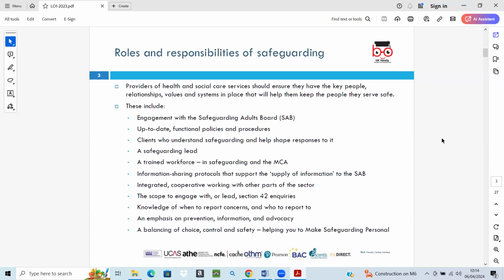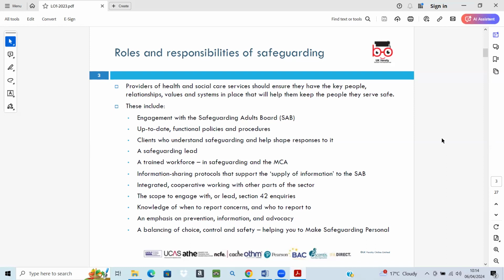Is it to protect yourself? I think so, right? It is to protect ourselves, both the service user and ourselves, and it ensures that they are up to date with local safeguarding strategies and can participate in multi-agency responses and contribute to the development of best practice. Yeah, you are right.